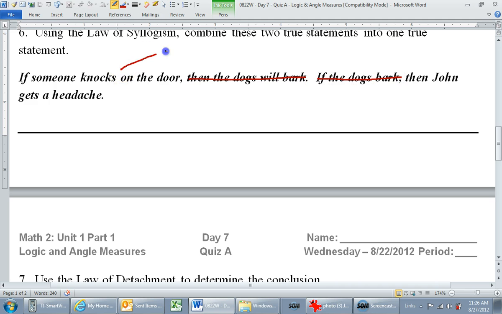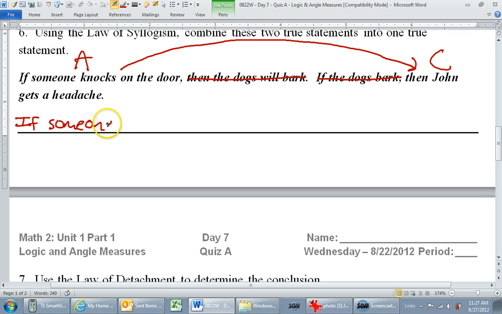So for syllogism we're trying to get from A to C. Basically if you cross out that middle part, that gives you your syllogism statement. So everybody put something like, if someone knocks on the door, then John gets a headache.